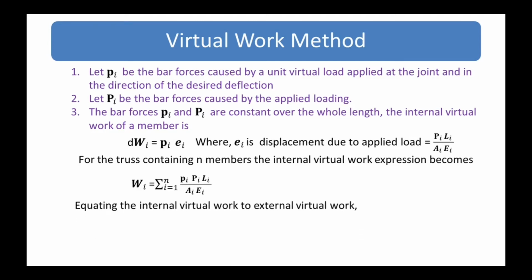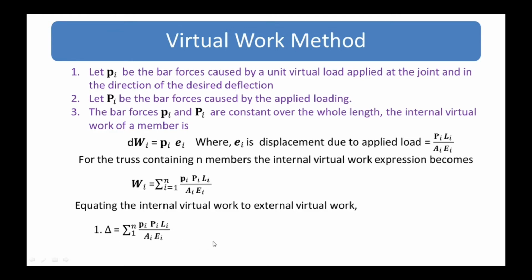Now the next part is equating this internal virtual work to the external virtual work. What is the external virtual work? It is equal to 1 into delta, because we are applying the unit load externally. So unit load into that displacement is the external virtual work, and the summation of small pi into capital Pi into Li divided by Ai Ei is the internal virtual work.